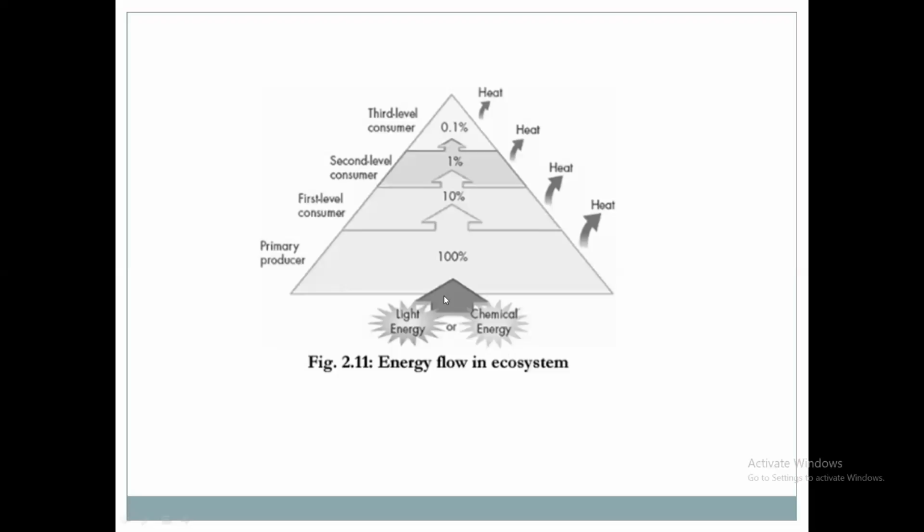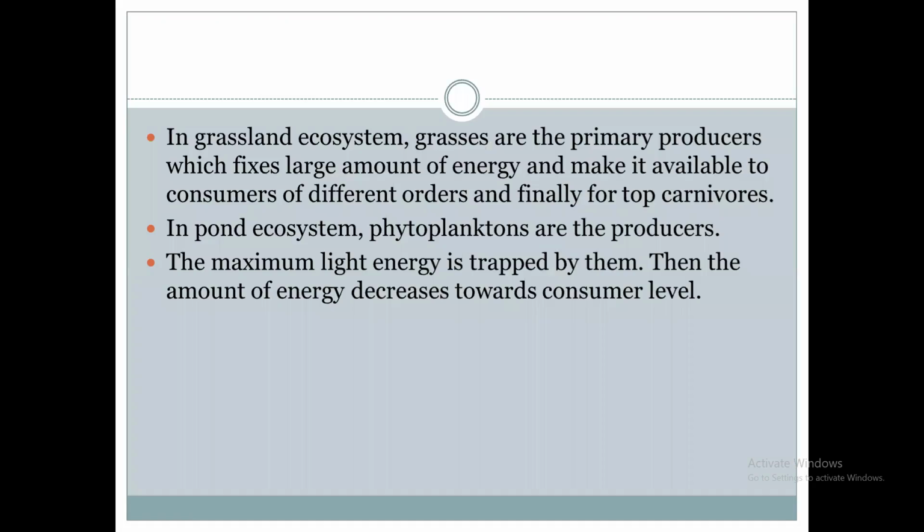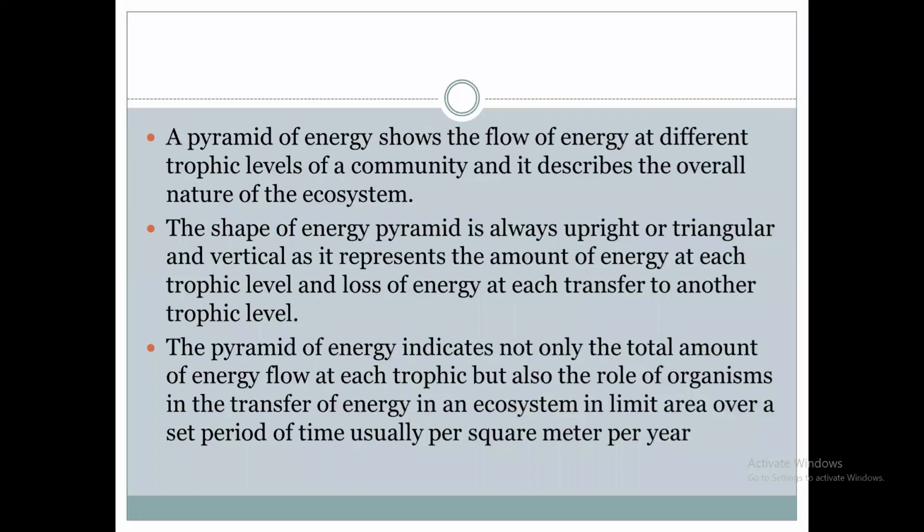This is the energy flow in ecosystem. How does this energy flow? Arrows are shown from 100% to 10%, 10% to 1%, 1% to 0.1%. At the top level, the energy is minimum. At the bottom level, the energy is maximum. This is the energy flow in a grassland ecosystem.